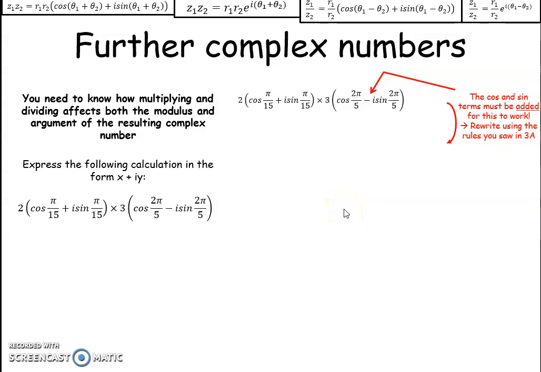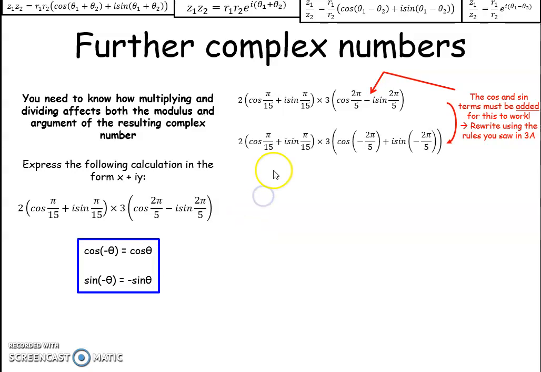For this, rewrite using the rule: cos minus theta is equal to cos theta, and sin minus theta is equal to minus sin theta. So 2 into cos pi by 15 plus i sin pi by 15, into 3 cos minus 2 pi by 5 plus i sin, the negative shifted inside the theta.